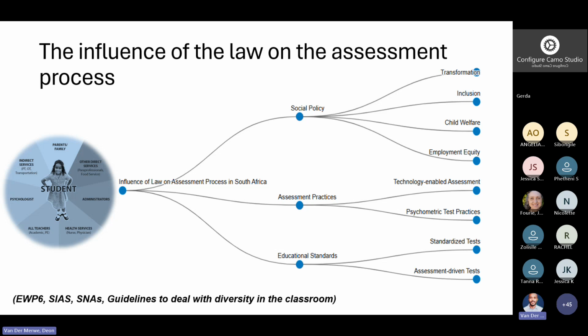And then we also have the law that speaks into the educational standards that inform the standardized tests, as well as the assessment driven tests that are put in place.